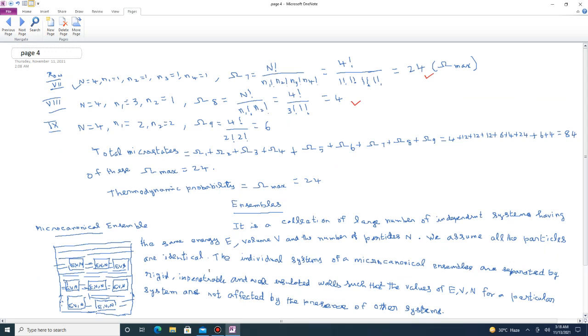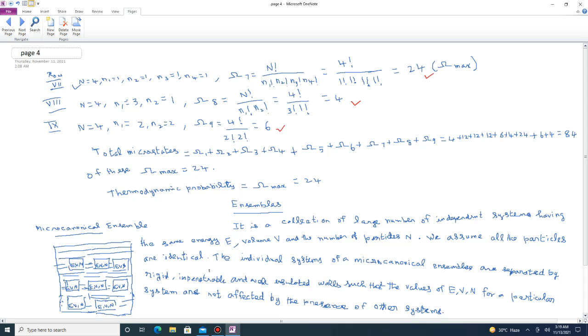So 4 is the number of microstates corresponding to this macrostate, capital N is equal to 4, n1 is equal to 3, and n2 is equal to 1. The number of microstates corresponding to the macrostate, capital N is equal to 4, n1 is equal to 2, n2 is equal to 2, which is omega 9, is 6.